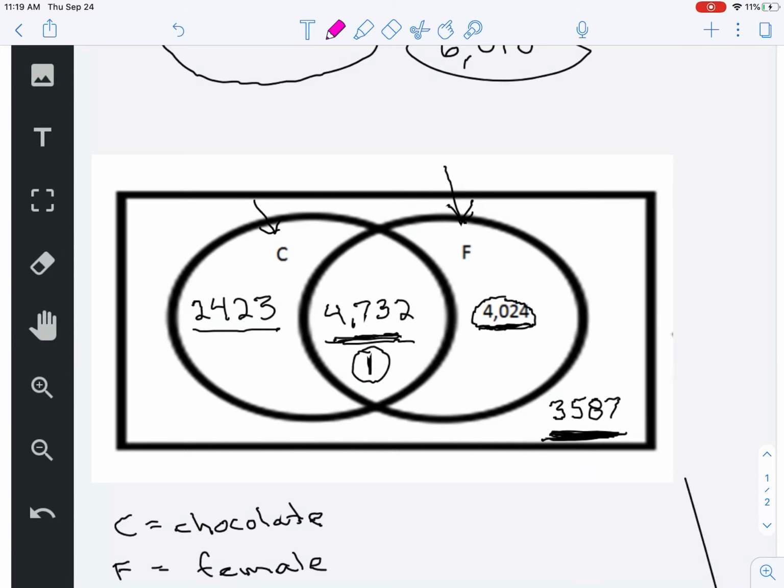It can be done, right? So right here is females that like vanilla because it's outside of the chocolate circle. Right here is females that like chocolate because it's part of both circles. Right here, we have people that like chocolate that are outside of the female circle, so that must be males that like chocolate. And then we have the leftover right there.